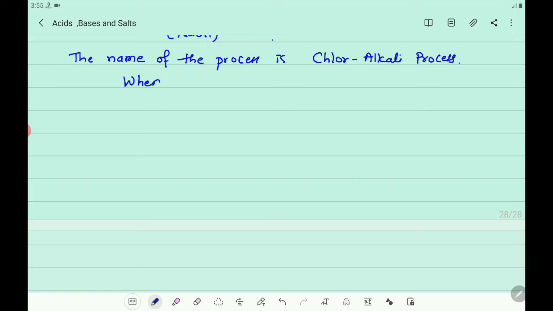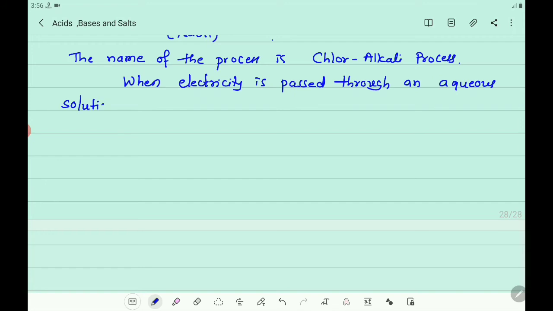When electricity is passed through an aqueous solution of sodium chloride, commonly called brine.